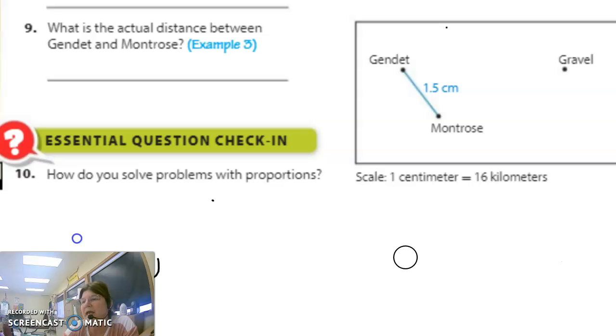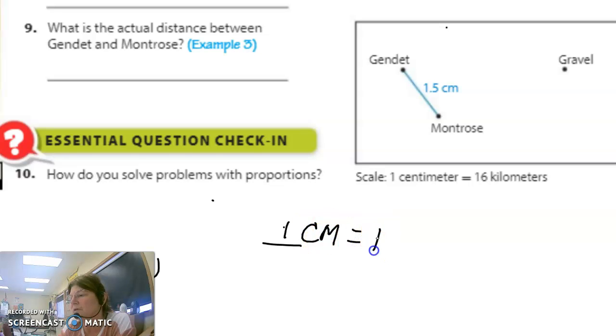What is that scale? So that's example 3. And when you're looking at that, you're finding your centimeters to kilometers. So in this case, it's 1, okay? And it is 16. 1 centimeter equals 16 kilometers.